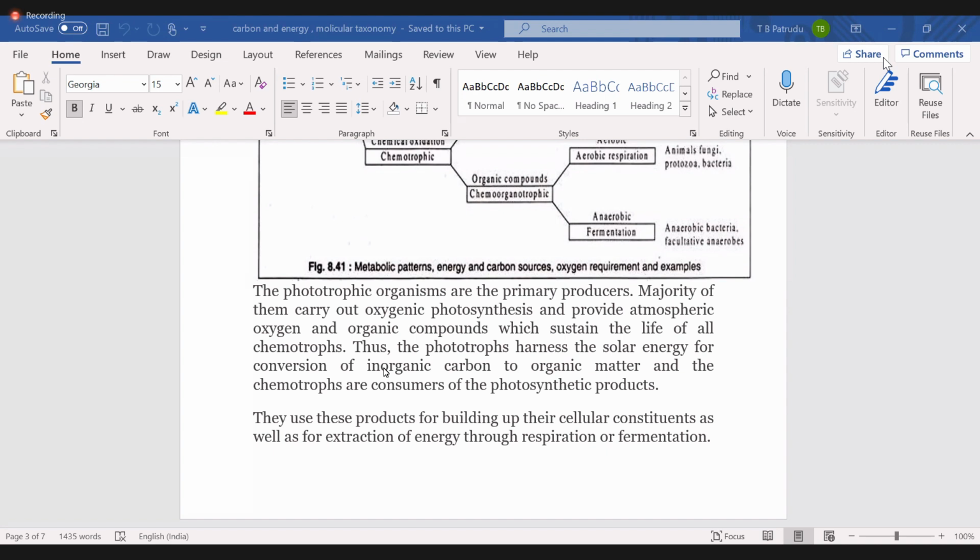The visible light, the green light source of photons of energy, is absorbed at 550 nanometers. Why? Because the chlorophyll is green in color. You already observed this in our videos.